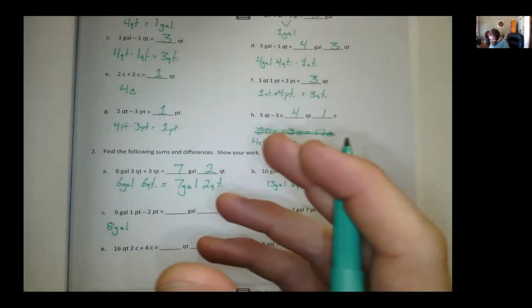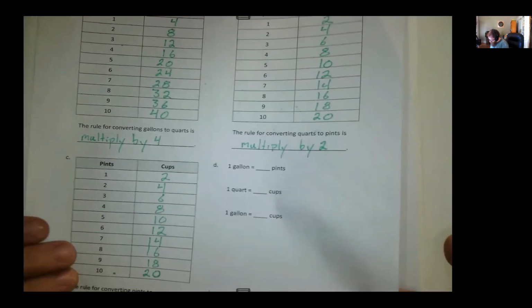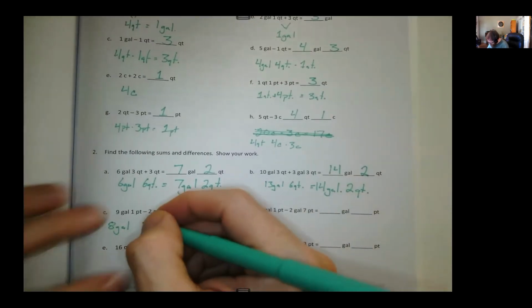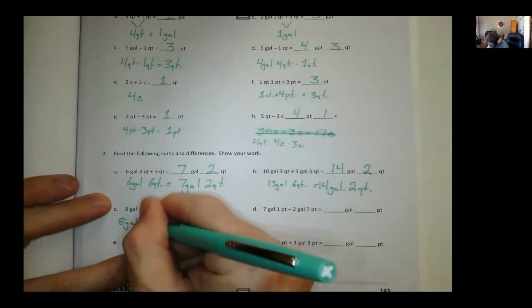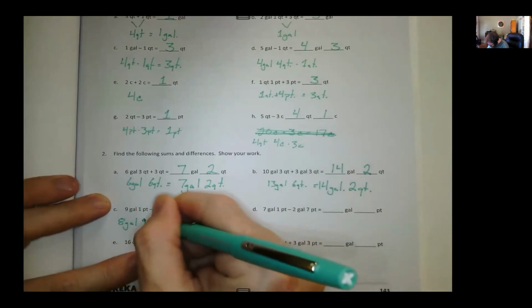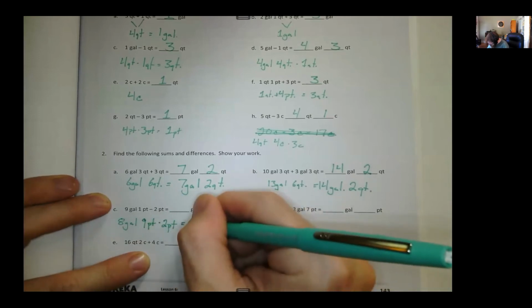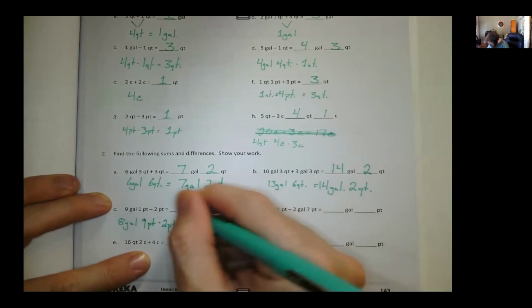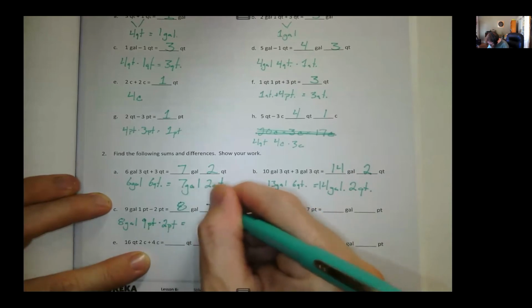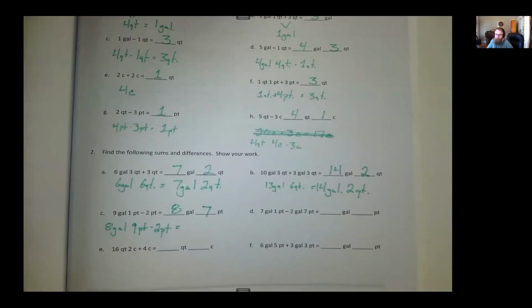How many pints are in a gallon? Gallon to 4 quarts. 4 quarts, that's 8 pints. So that gives us 8 gallons, 9 pints, minus 2 pints. 8 gallons and 7 pints.